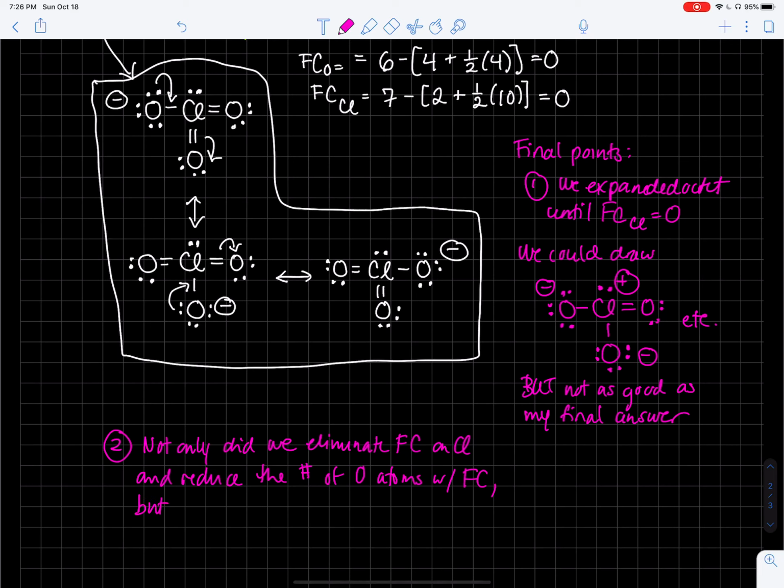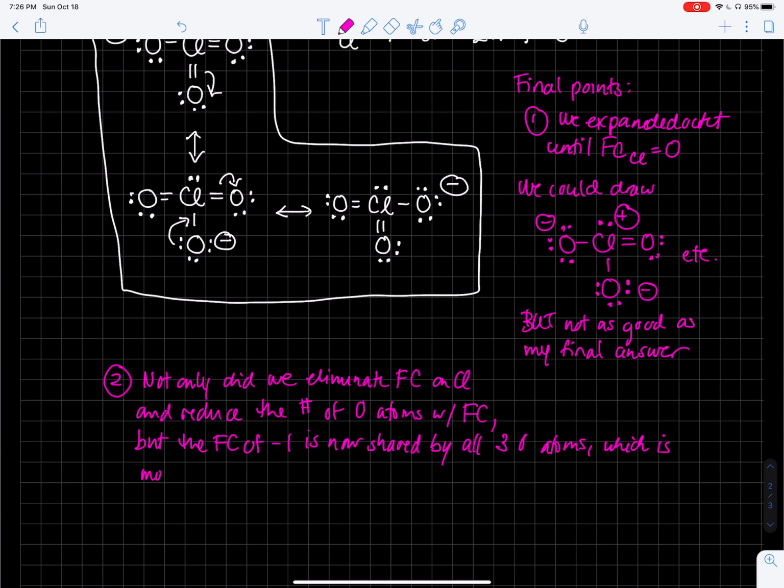And that is favorable always. The formal charge of -1 is now shared by all three oxygen atoms, which is more favorable. More favorable than what? More favorable than being sequestered, to use a fancy word that just came to me, on one atom.